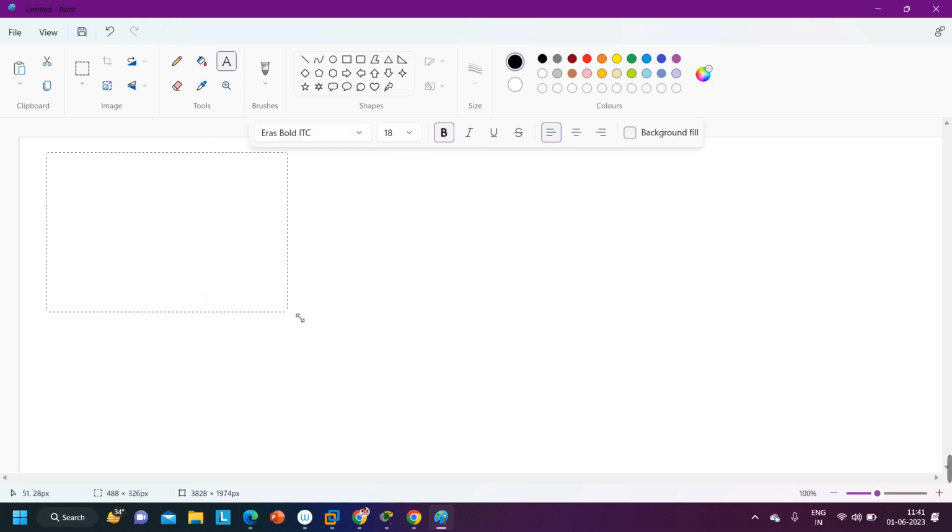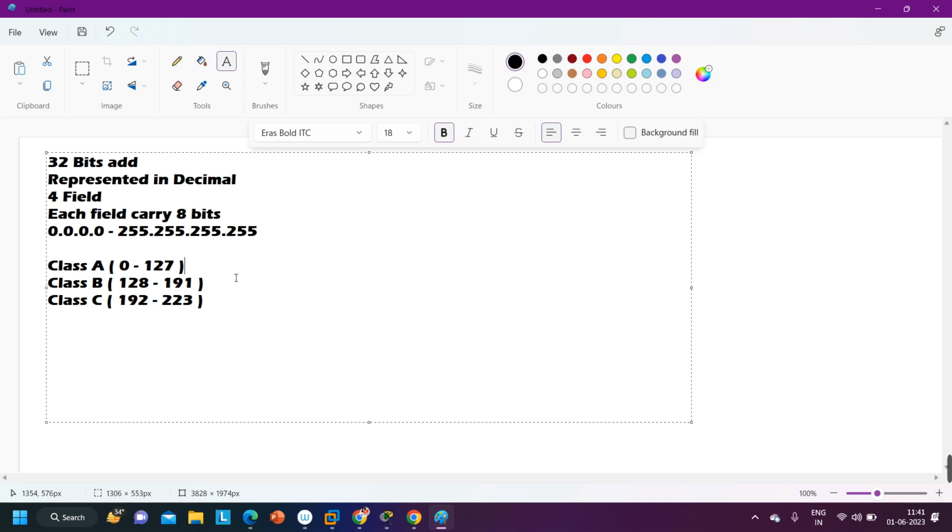Now for each class we have a defined subnet mask. The subnet mask for class A is 255.0.0.0. The subnet mask for class B is 255.255.0.0. And the subnet mask of class C is 255.255.255.0.